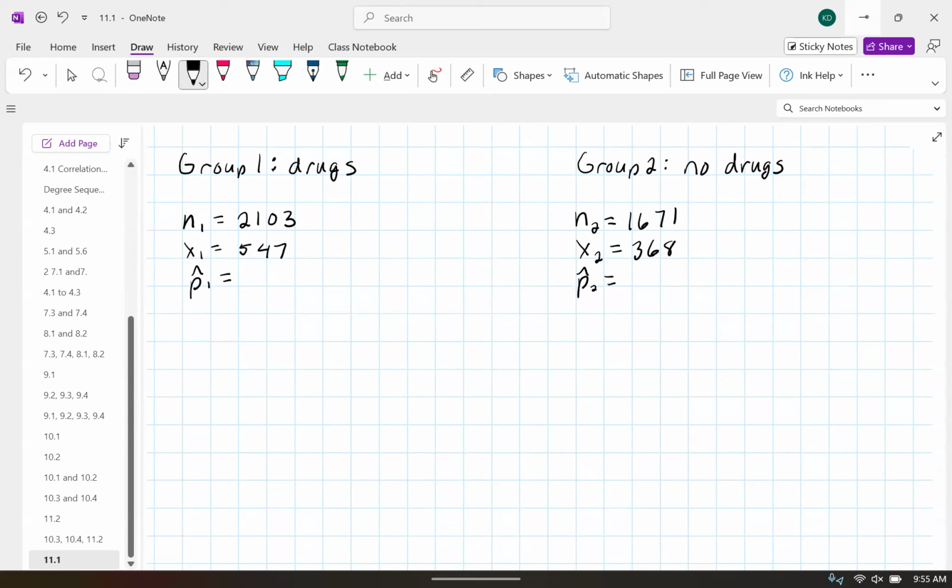All right, so we have to do a couple prelim calculations before we can plug it in our formula. So the first thing we want to do is find P1 hat. So we take our 547 divided by 2103. And this gave me 0.260. My second one, I get 0.220.